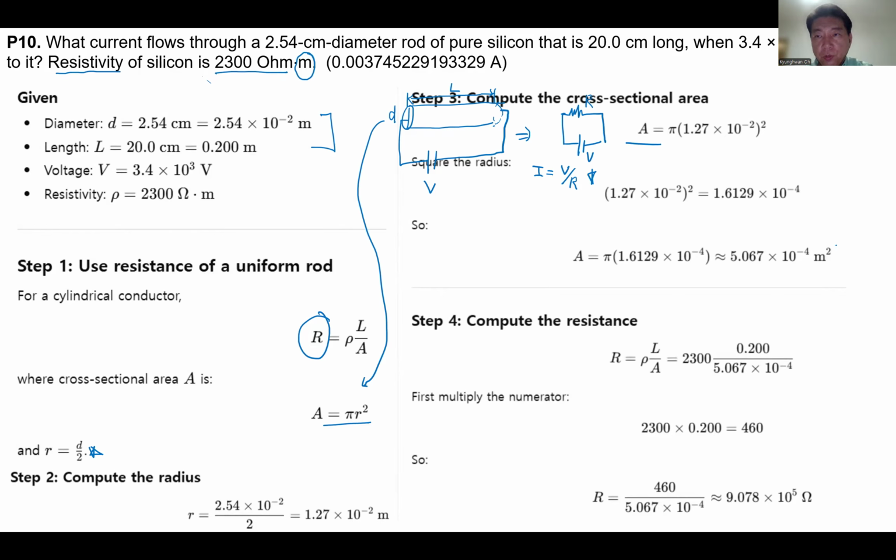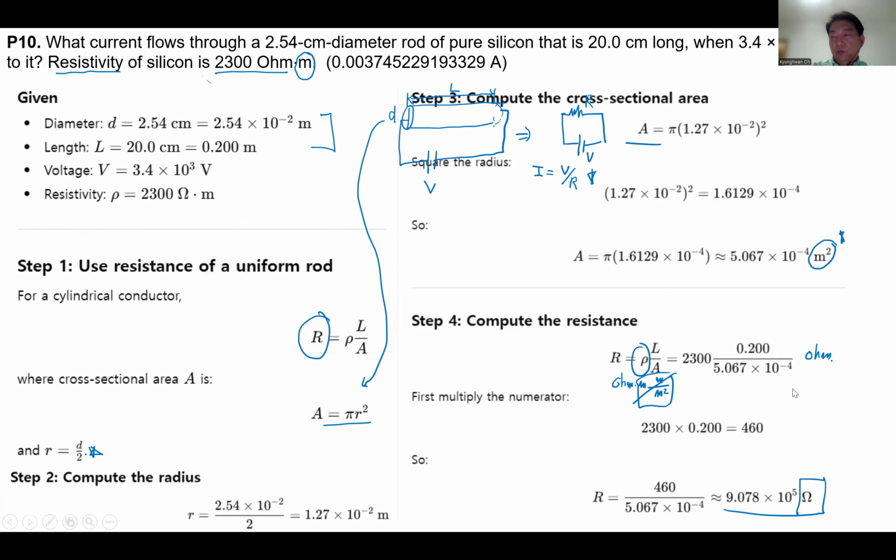And then the resistance is given by rho, the resistivity, times L over A. Note that rho is given here, 2,300 ohm times meter. Length is in meters, area is in square meters. Then this cancels out, and we get ohms.